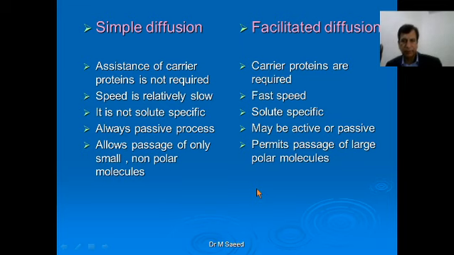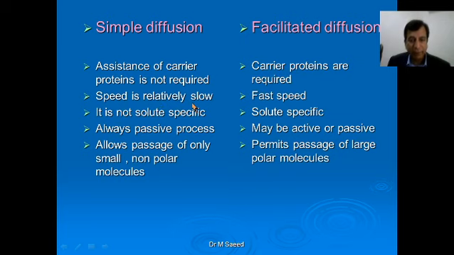This is the slide which is showing the actual difference between simple diffusion and facilitated diffusion. In simple diffusion, it is just a movement, because those smaller non-polar molecules can directly cross the plasma membrane, so there is no assistance of carrier proteins, while in facilitated diffusion, carrier proteins are required.